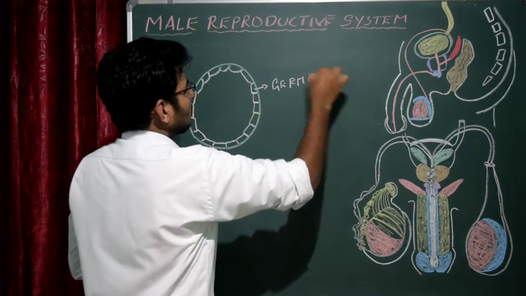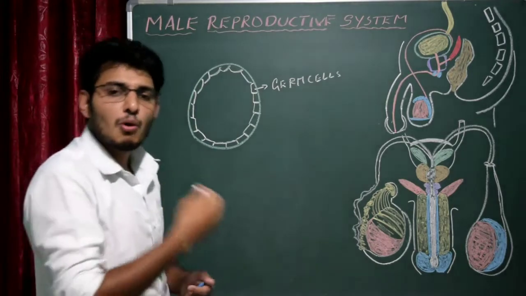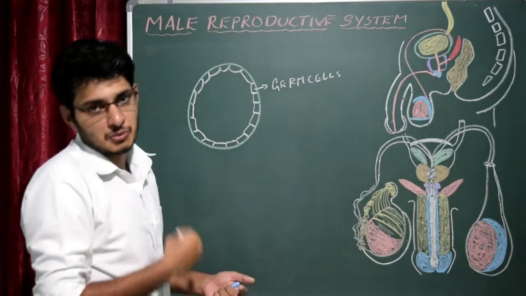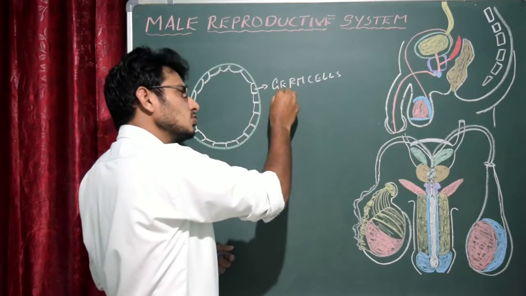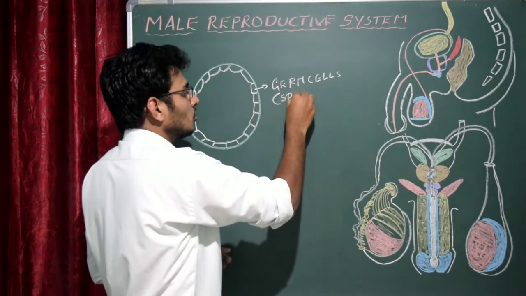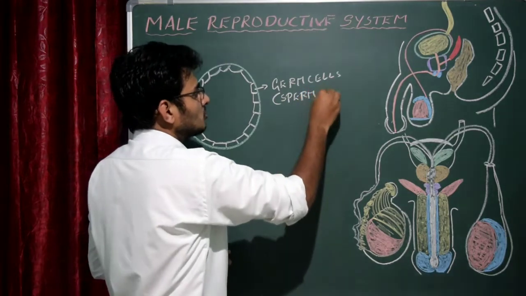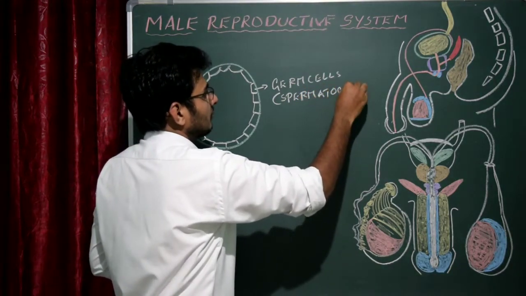In the future, these cells are going to modify into motile sperms. Let us see how exactly later. Germ cells can also be called spermatogonia.